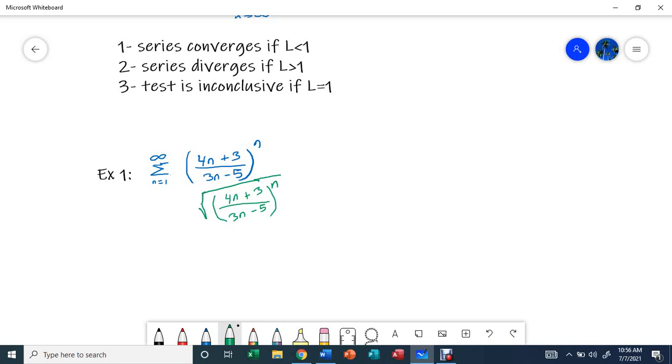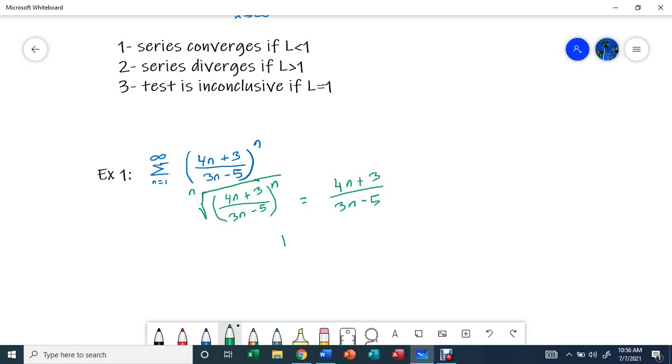So the nth root. Okay, so now the power n and the nth root will cancel each other, and I end up with (4n plus 3) over (3n minus 5).